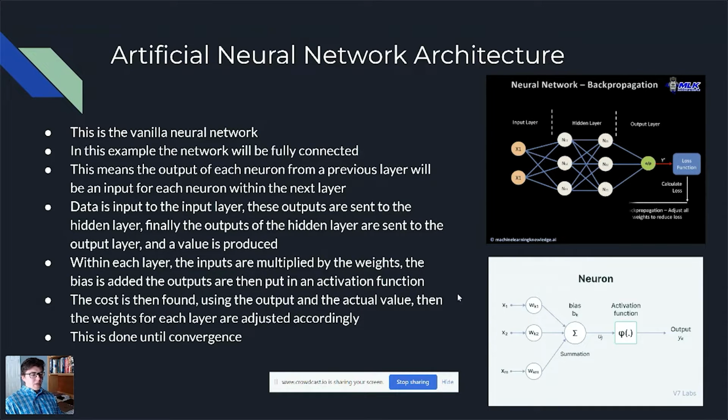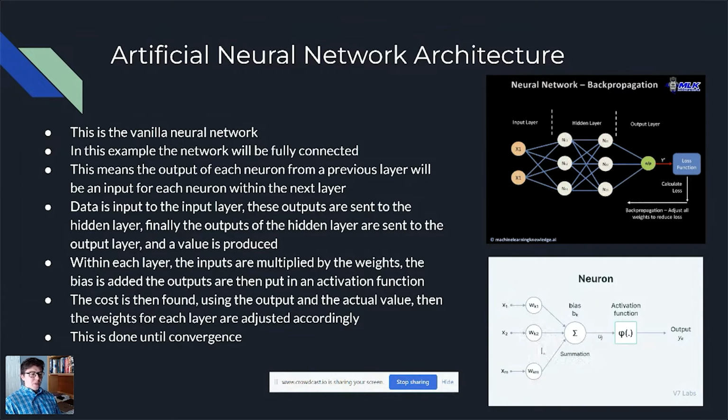And you can kind of see what happens within each layer. At the beginning, I said a neuron is very linear in its output, and that's why we have that activation function. So you can see we take our inputs, which are the x's, we multiply them by the weights. We then add biases to each of those x times weights, and then we put those in an activation function, and that becomes our output. Without this activation step, this would just be a simple line, y equals mx plus b, as simple as it gets.